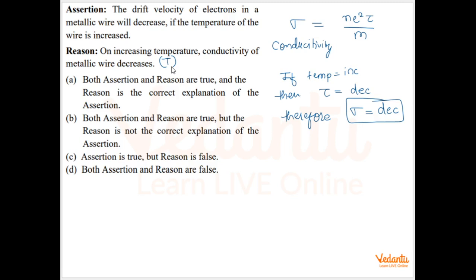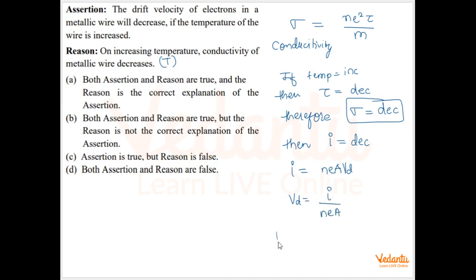But let's see if this tells us anything about the assertion. Now if conductivity decreases, then you have to realize that the material becomes less conductive and therefore the current through the conductor will also decrease. Material becomes less conductive, resistance will increase and therefore the current will decrease. And since current is given by the formula NEAVd, I can write down Vd is equal to I by NEA.